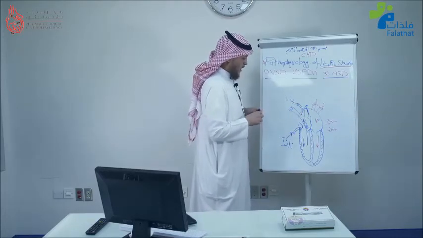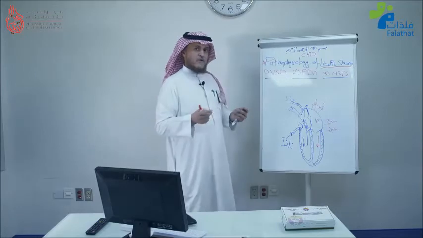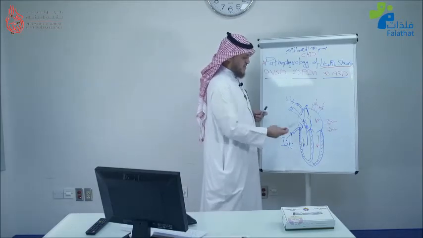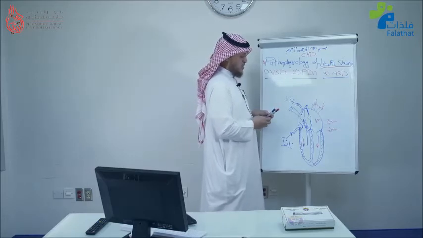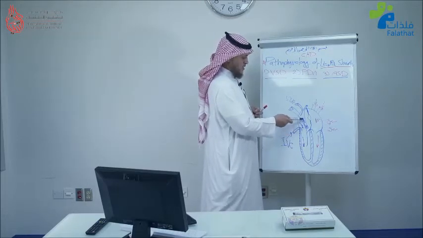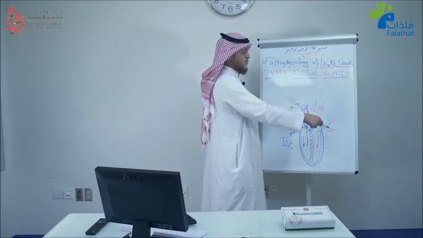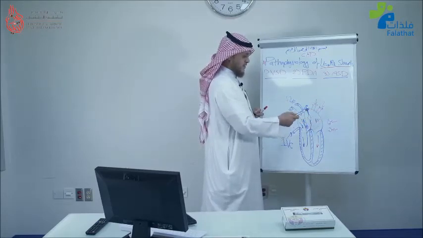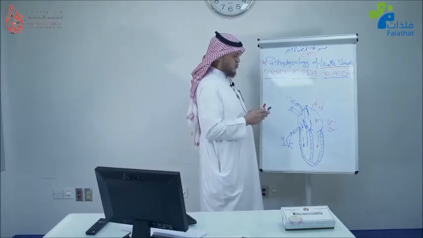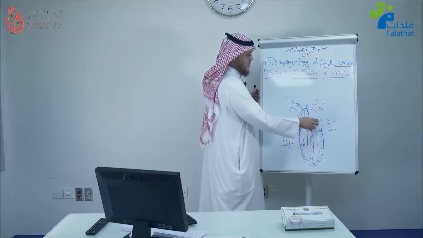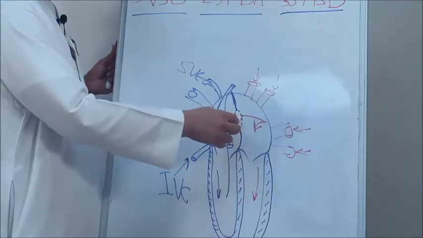ASD. So as we said, let's follow the blood now. The RV has received its cardiac output. It has ejected it into the pulmonary arteries. It got oxygenated. Now it came back through the pulmonary veins to the left atrium. The blood now has two choices: to go through the mitral to the LV, but now we have a hole here.